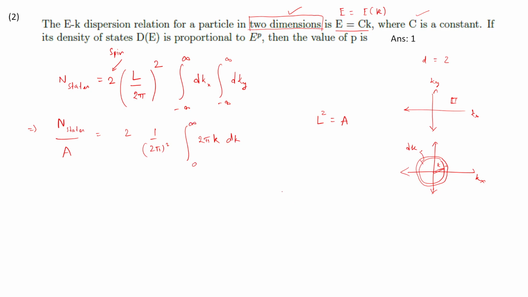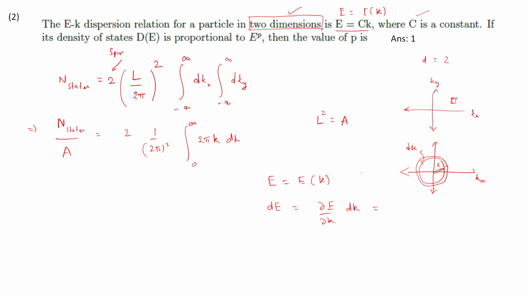Now we have this E as a function of k, right? So we will find what is dE. We have to use dk. Now E, we know, is ck. So here we use the fact that E is a function of k.